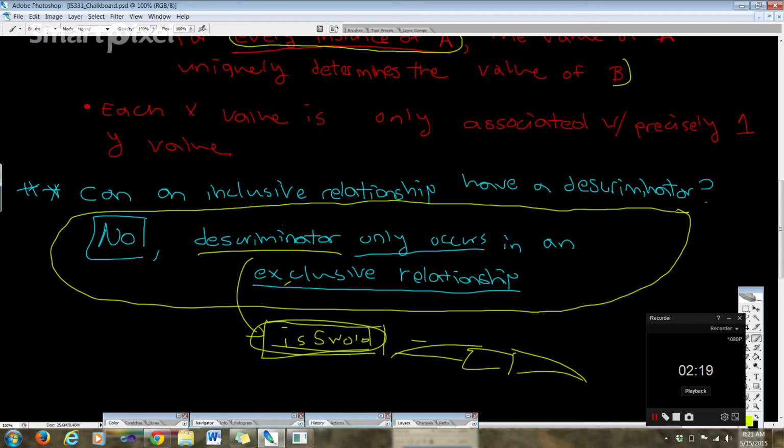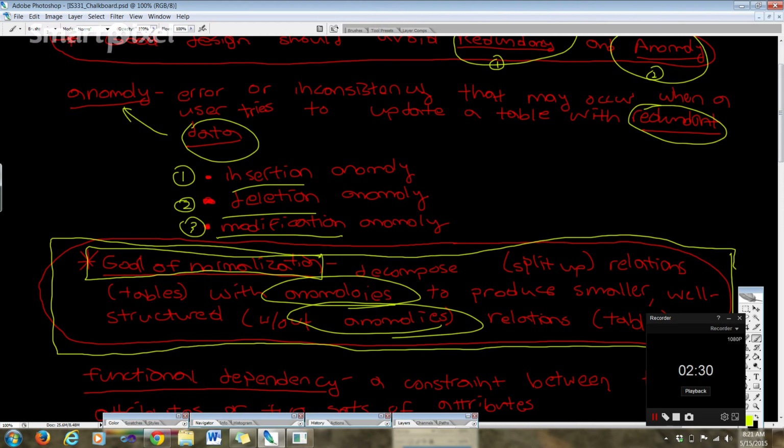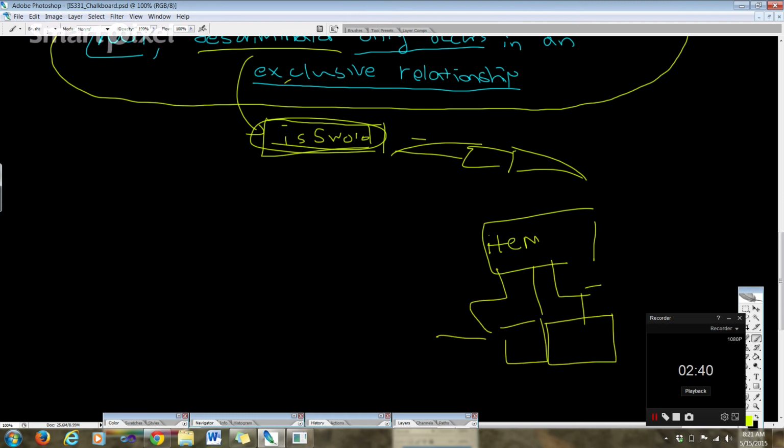So discriminators don't occur in inclusive relationships, where a parent attribute can be multiple child types. So like we have an item: sword, health, arrow.